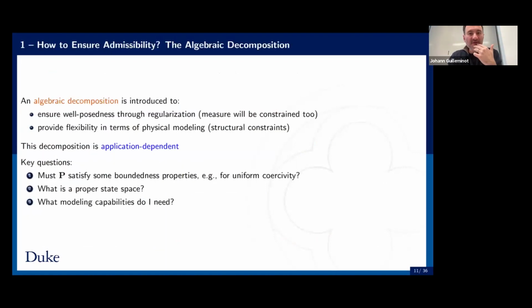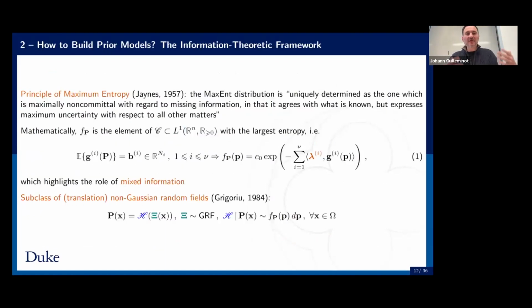There are a couple of ways to do that. In what we do, we use the context of information theory. Within information theory, there is a very useful principle called the principle of maximum entropy, which was stated by Jaynes about 70 years ago.